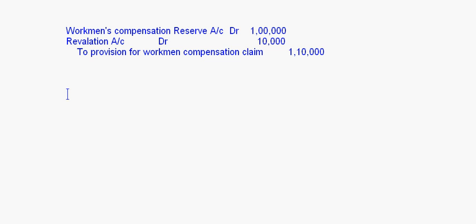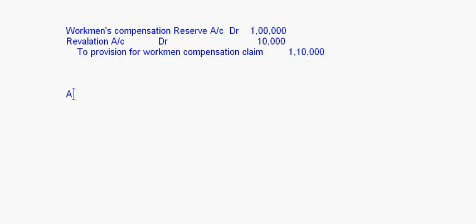Now after that, this revaluation account which we have debited, this 10,000 will be borne by the partners. Where will this 10,000 come from? This 10,000 will be borne by the partners. So it has to be distributed among the partners in their old profit sharing ratio, right?